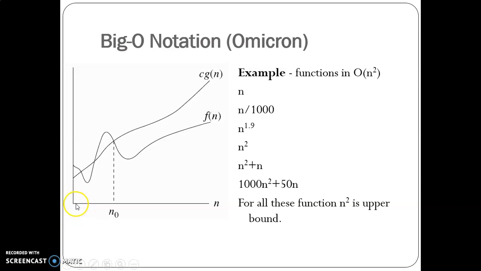We will put the values of n over here, and whatever f of n values come, we will plot here, and this line will get generated. Now similarly, we have a c and a g of n. G of n, we are saying, is going to bind the f of n on the higher side, and it is the upper bound that f of n will never cross after a value of n0. This is what the big O notation means.